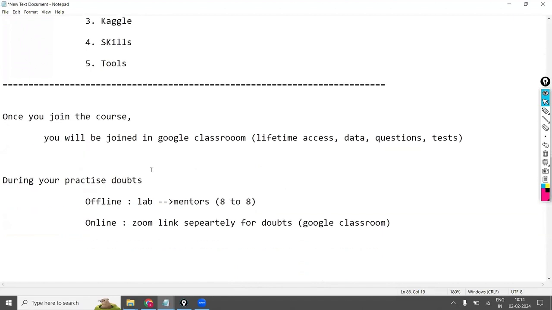okay, you'll be in the Google Classroom. Your admin is going to add you. Simply, you'll be added in the Google Classroom by the admin, not by me. Don't share anything with me, your mail ID or your phone number. I'm not going to collect it. I'm not the data engineer.